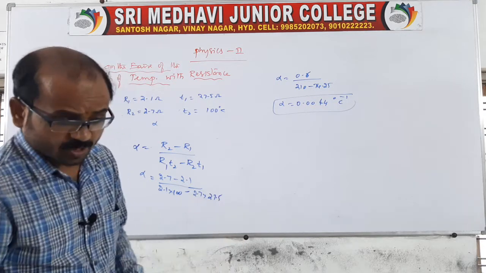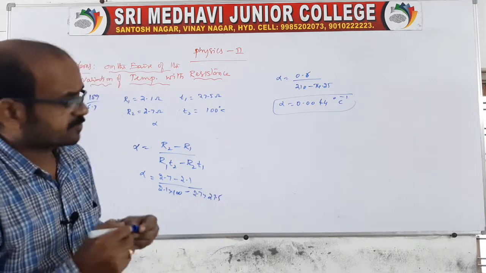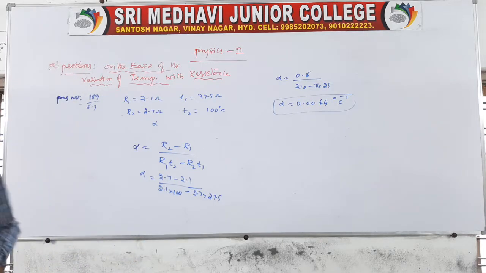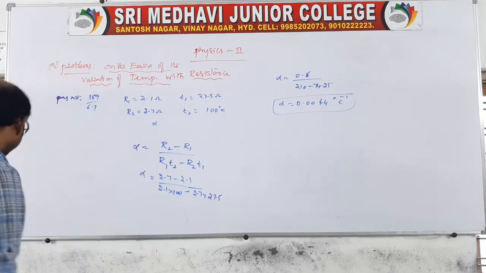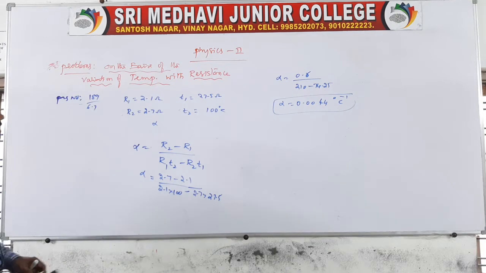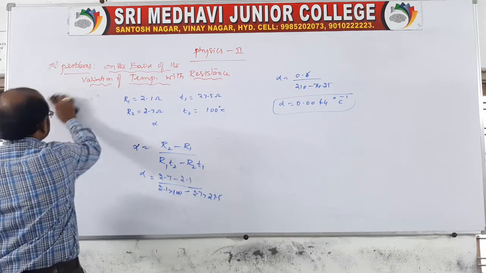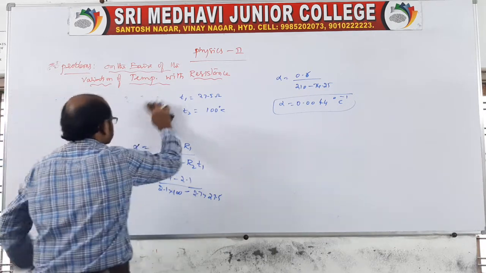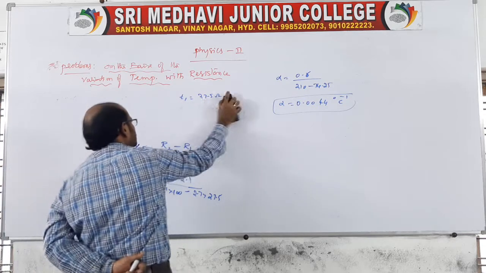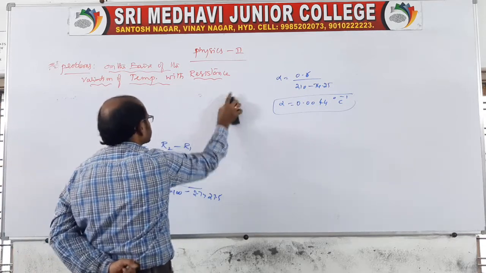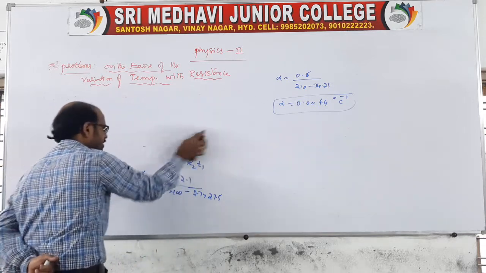So this is about the variation of resistance with temperature. On the basis of this, these are the problems and you go through the problems. Let us now talk about the temperature coefficient of resistance. We have the thermistor.